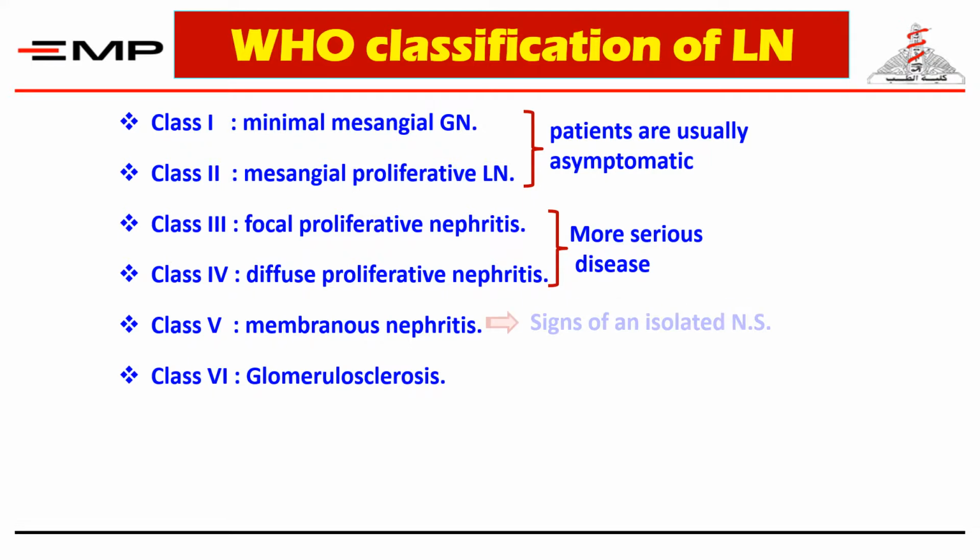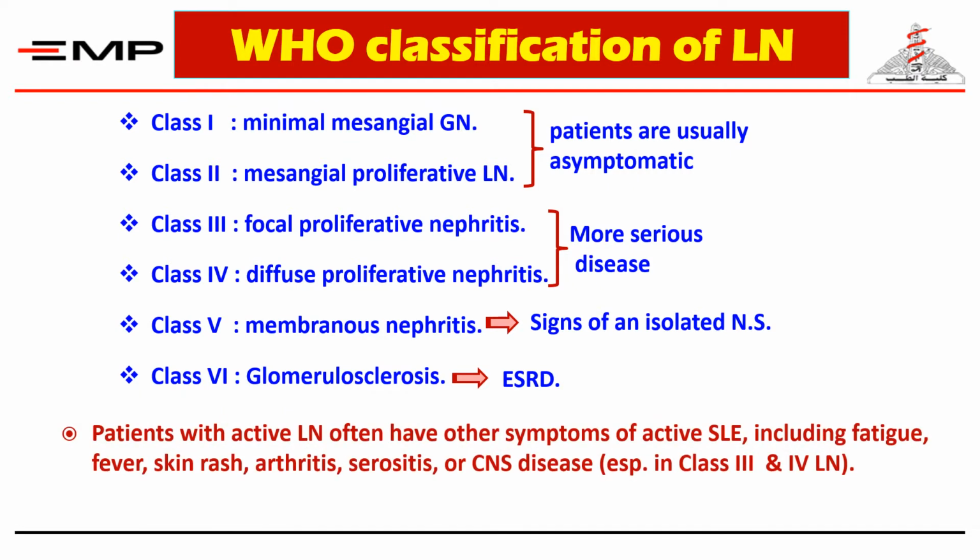Class 5, membranous nephritis, causing signs of isolated nephrotic syndrome with heavy proteinuria, hypoalbuminemia, and edema. Class 6, glomerulosclerosis, leading to end-stage renal disease.